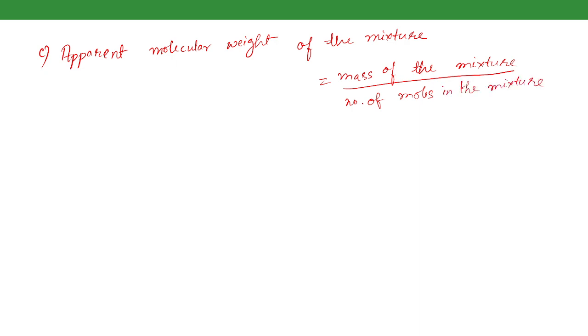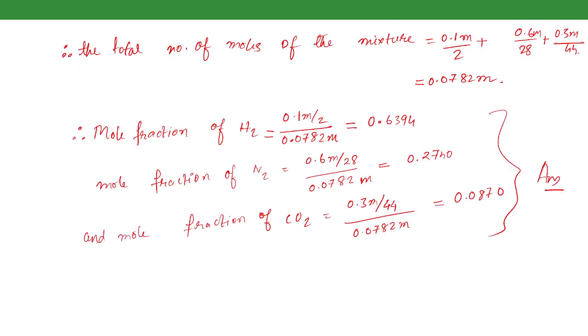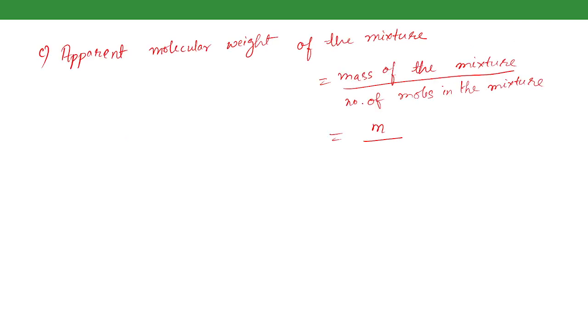We have taken the mass to be arbitrarily m kg, and the number of moles in that consideration we have found out to be 0.0782 m. So m by 0.0782 m, and thus the molecular mass comes out to be 12.79 kg per kilomole.